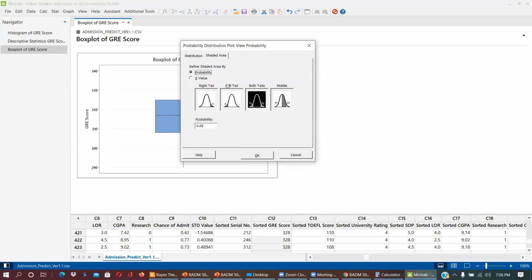Here, for the x value, I can put left tail, right tail, middle tail. So I'm just going in terms of probability.